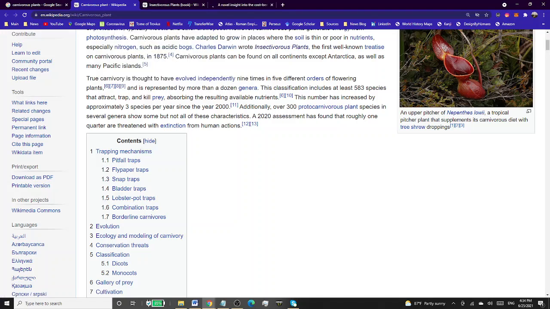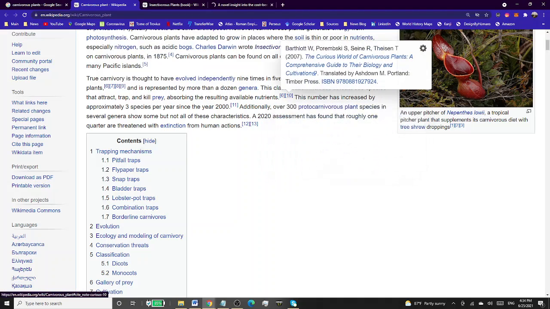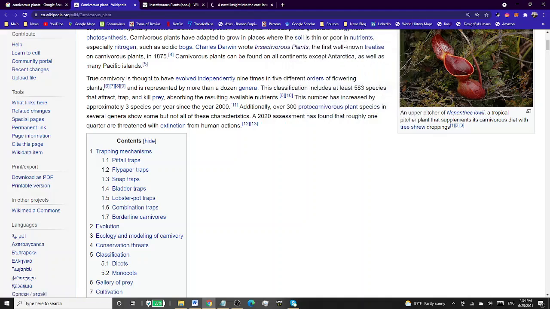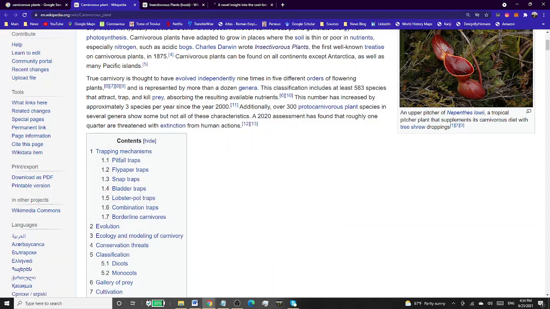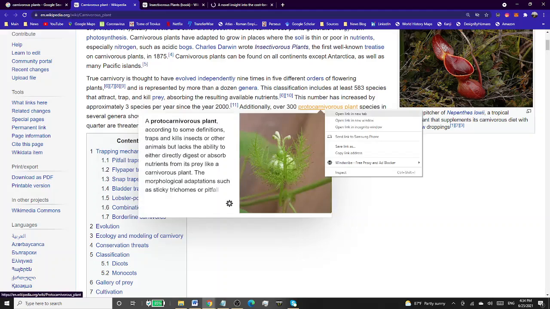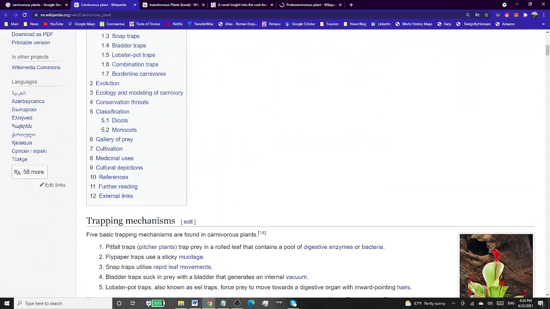Let's see, there's 583 species which do this. Thankfully not to people, because they would be dangerous. And it's 3 species a year. They keep finding more and more. There's proto-carnivorous plant species. Oh, what are the proto-carnivorous ones?